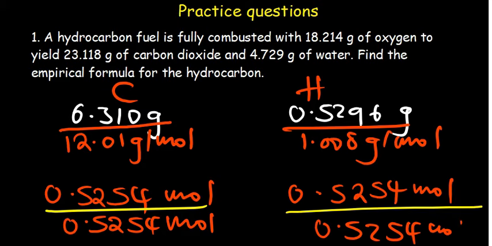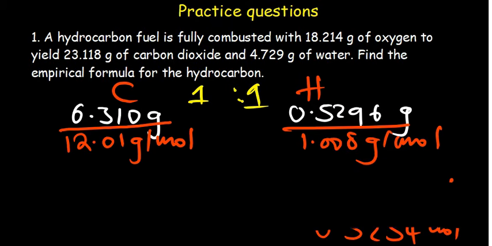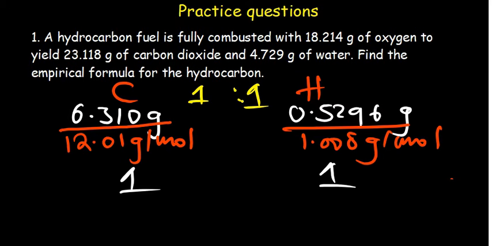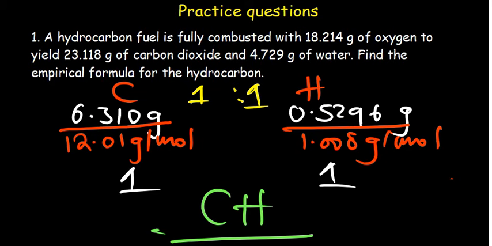So if one of them was smaller, we would divide by the smaller one. But in this case, they are the same. So we just get the same value and divide. So we realize that these are in the ratio of 1 to 1. No two ways about it. So therefore, since we have a ratio of 1 to 1 after dividing, our answer is CH. This is now the empirical formula of that compound.